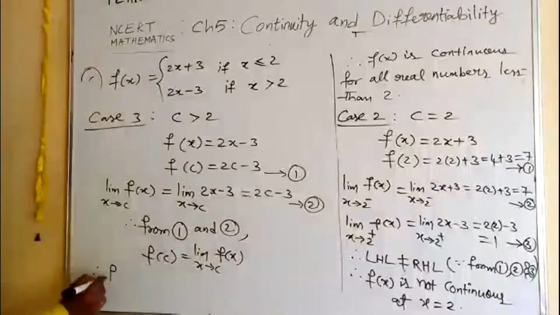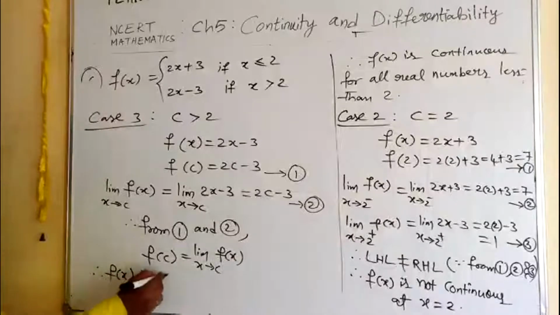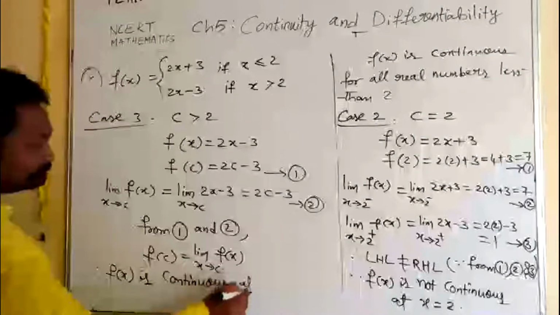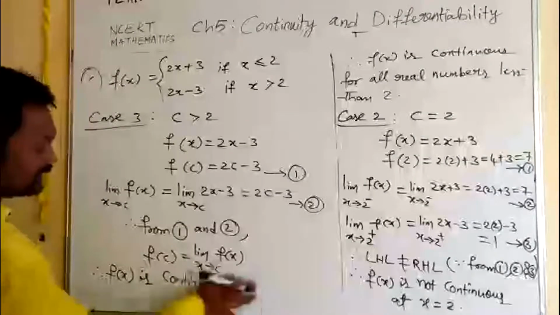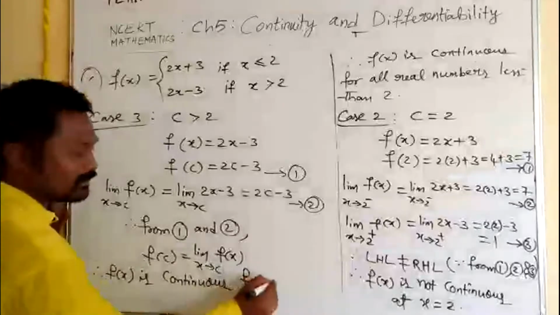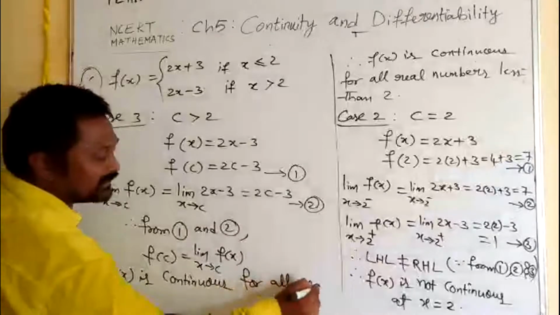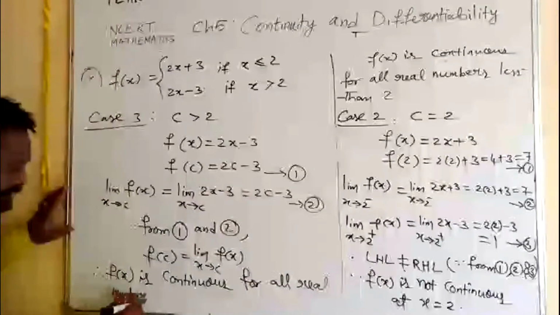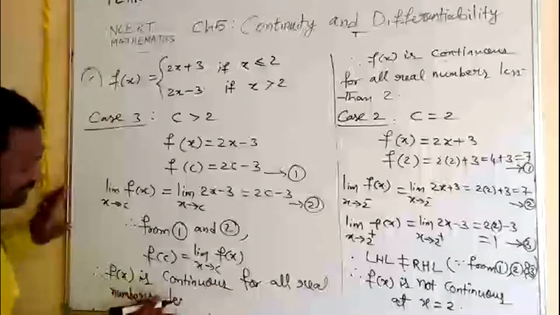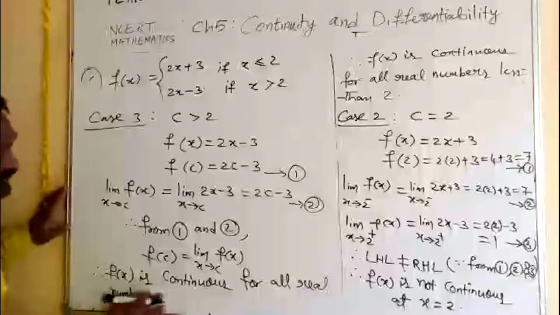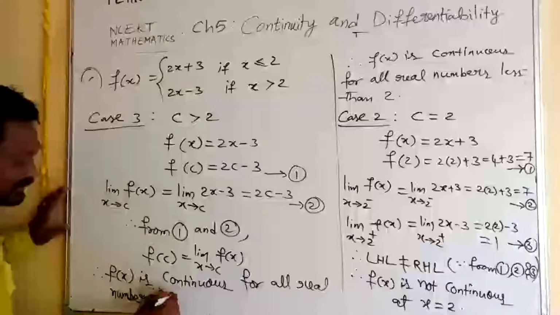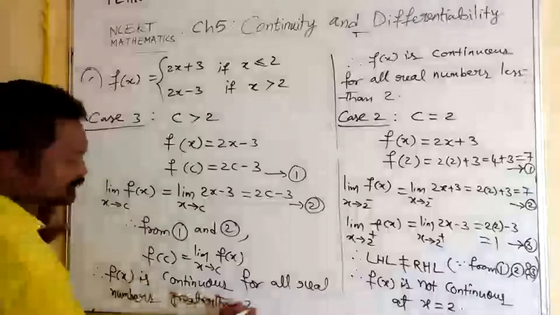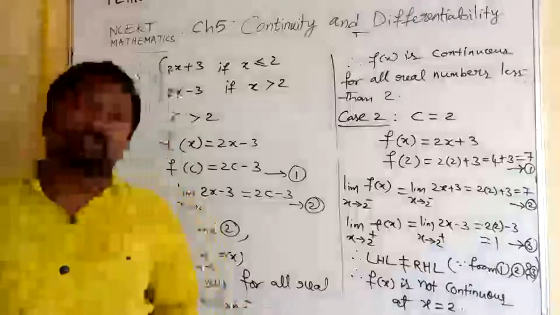Therefore, f of x is continuous for all real numbers greater than 2, because here c is greater than 2.